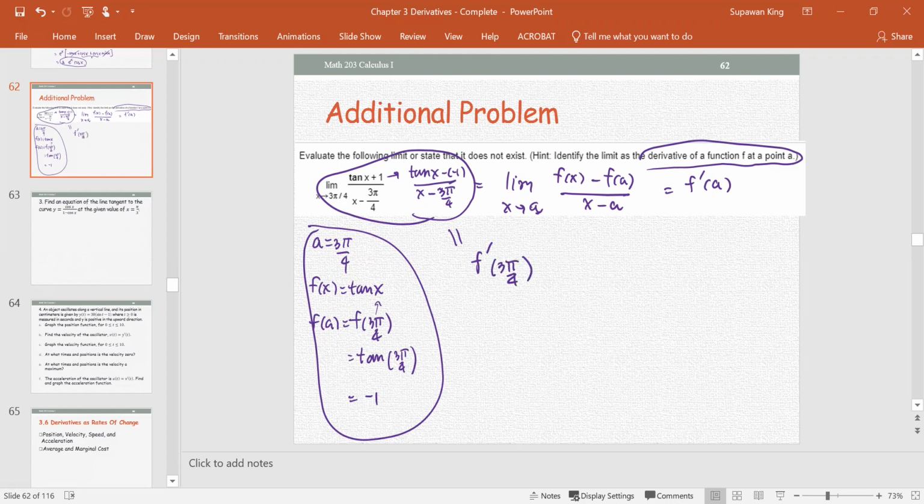How do we find this? This is the derivative of the function at the point 3 pi over 4. What is our function? Our function is the tangent x. So this is the same as the derivative of the tangent x evaluated where x equals 3 pi over 4.